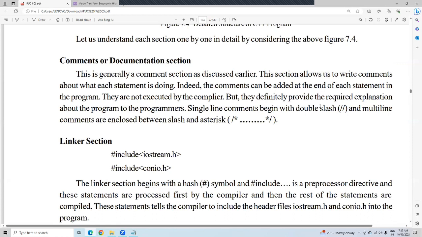In such a case, you would need to check the entire program to understand why you wrote it. But this documentation or comment section will help you understand the purpose for which you wrote that program. You can use either a single line comment or a multi-line comment.